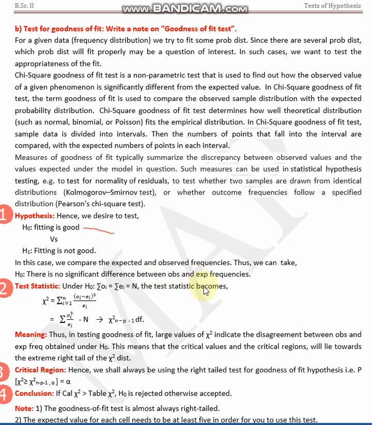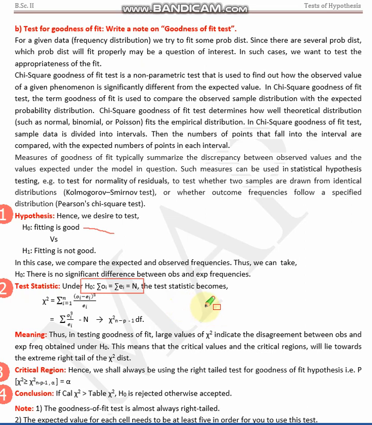In this case we compare the expected and observed frequencies. Thus we can take our H0 as there is no significant difference between observed and expected frequencies. Therefore under the null hypothesis, the observed frequencies are the same as the expected frequencies.